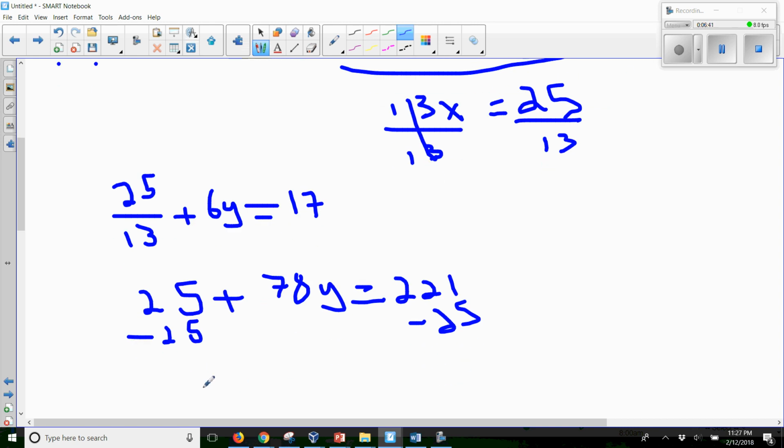So I get 78y is equal to 196. Then divide both sides by 78.